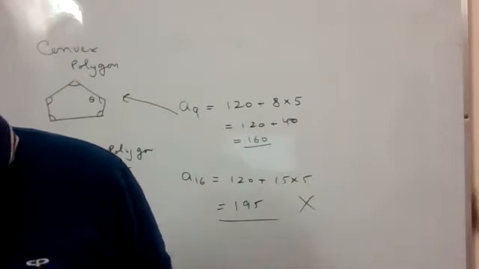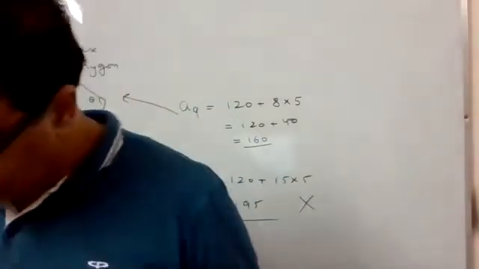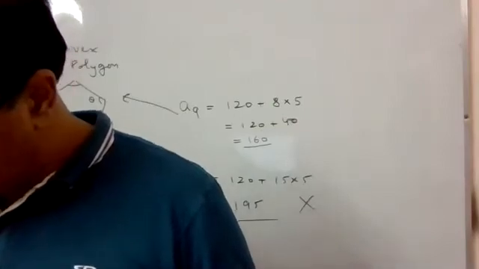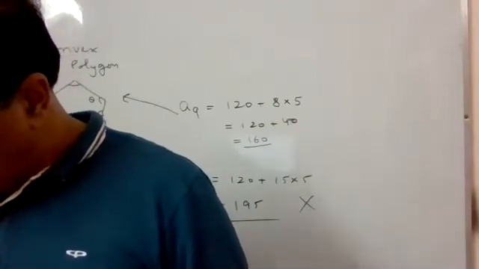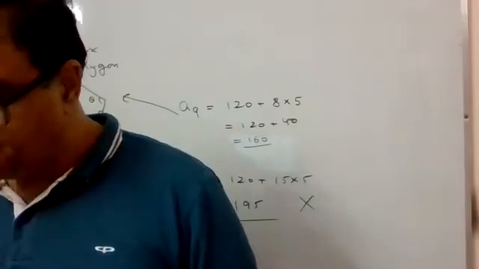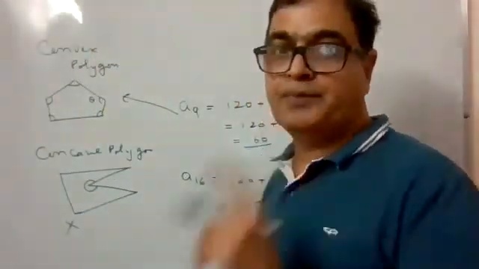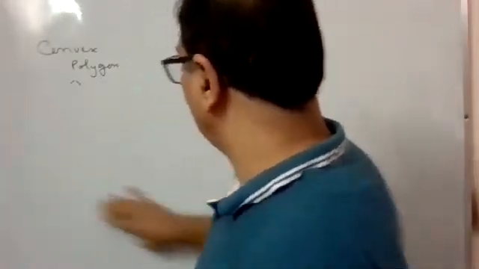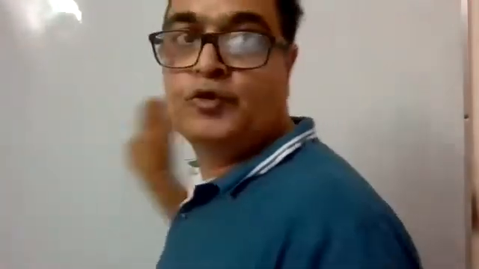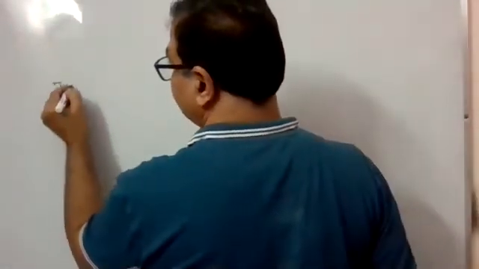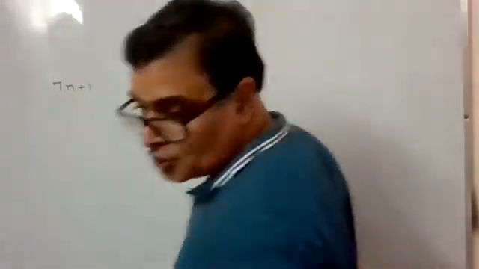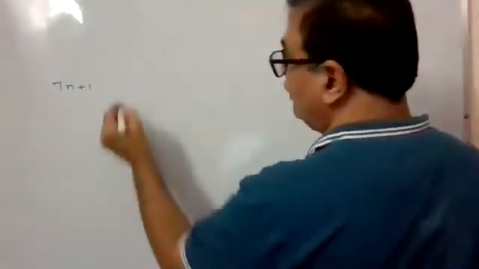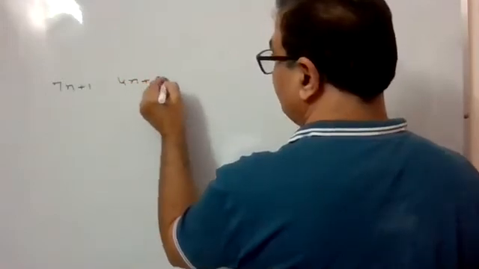The ratio of sum of n terms of two APs is 7n plus 1 ratio 4n plus 27.